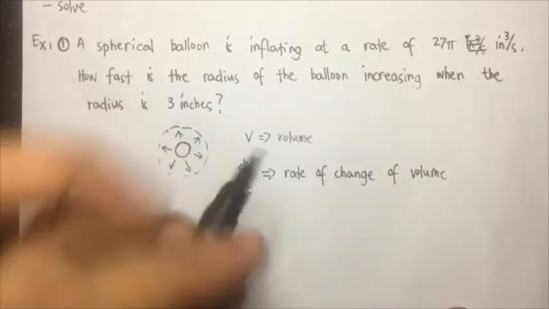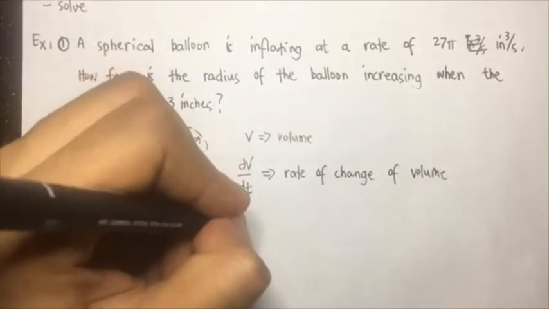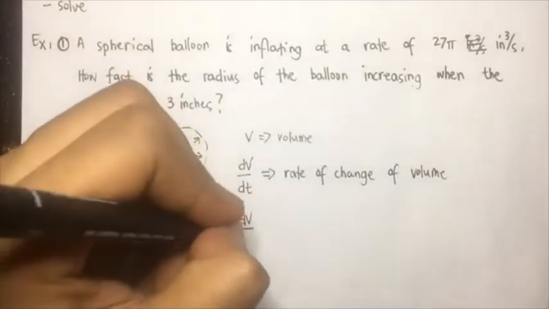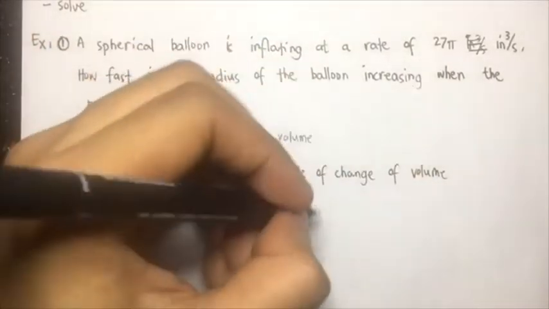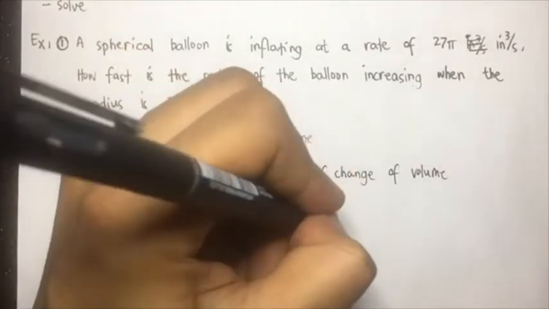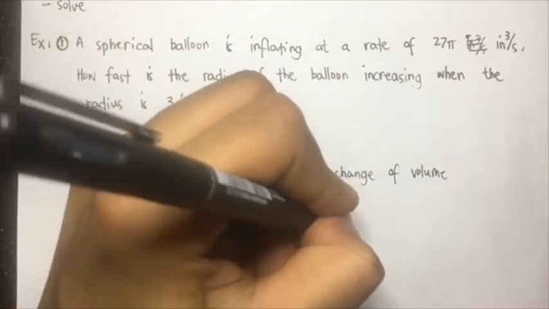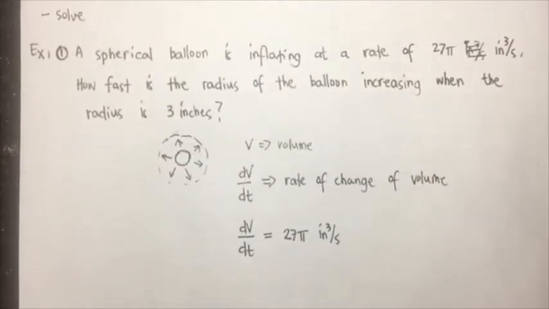We are given that the rate of change of volume is 27 pi cubic inches per second.